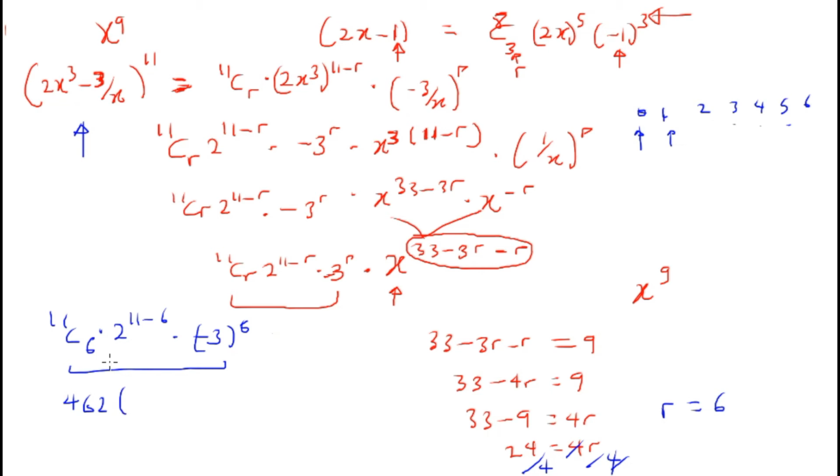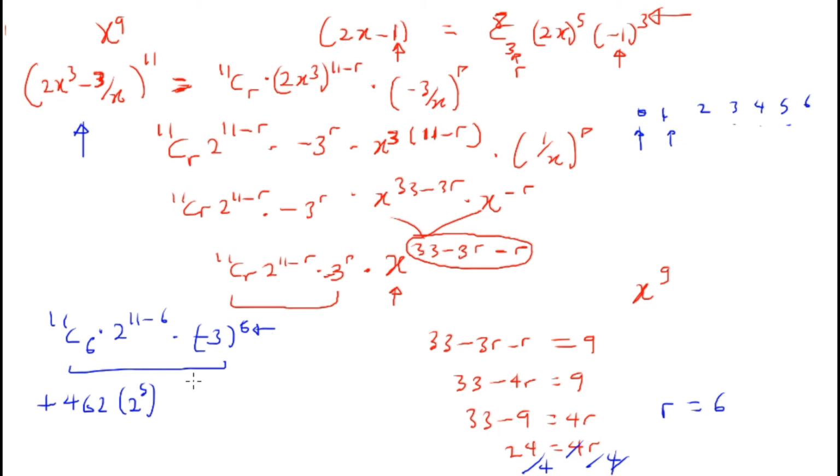11 minus 6 is 5, so I'll have 2 raised to power 5, and then minus 3 raised to power 6. When doing this, you need to be very careful, because if you use your calculator, you may get a wrong answer due to the negative value. If the power is even, the minus will vanish and it becomes positive.